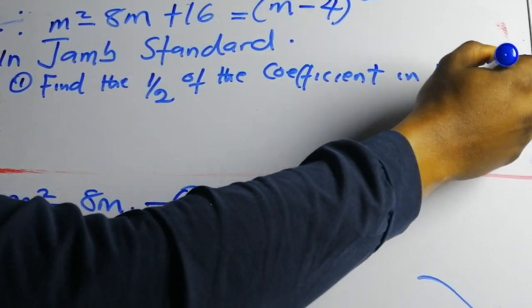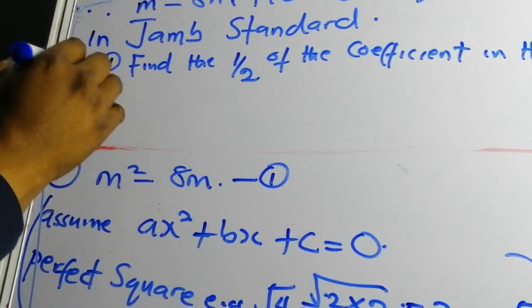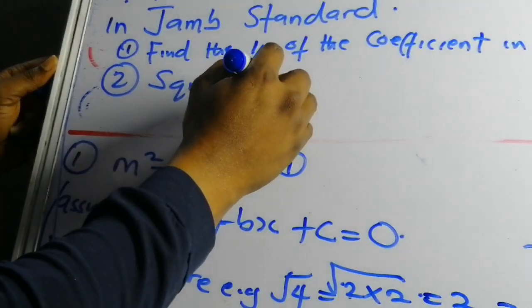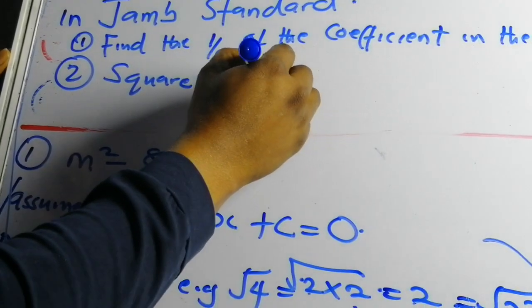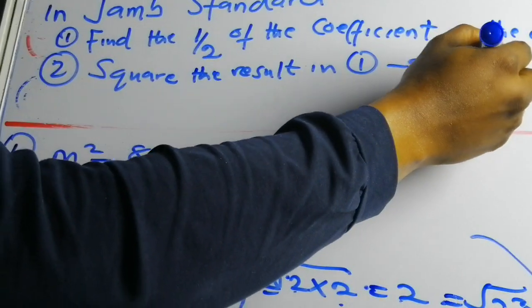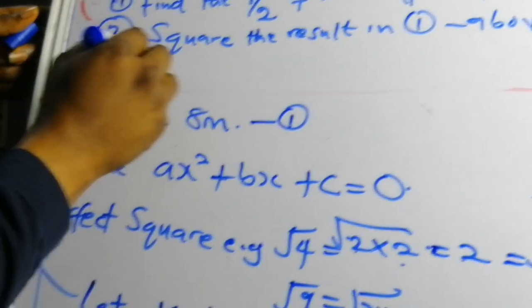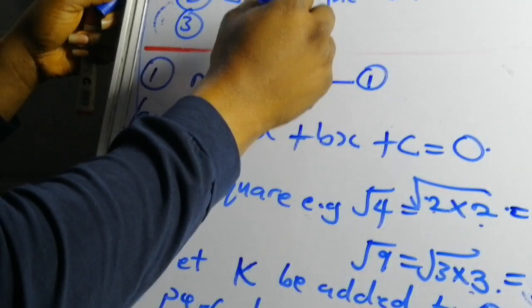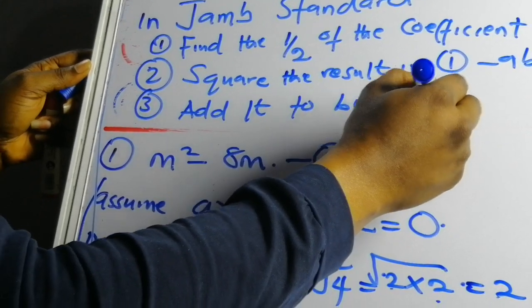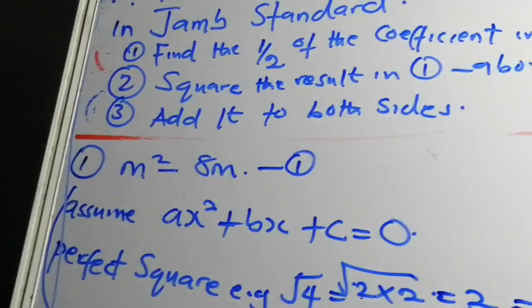Two, square the result in one above. Third step, add it to both sides. Or what you can do is that you can add it to the equation.